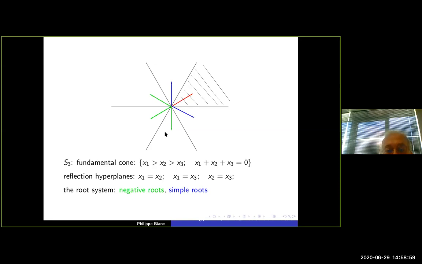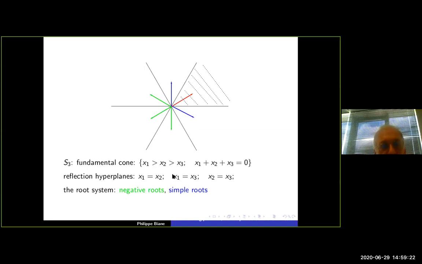You have negative roots in green, and there is one root which is positive and not a simple root, corresponding to the orthogonal of this hyperplane, and it corresponds to the reflection (1,3), the transposition (1,3), which is not a simple transposition. It's the only transposition in S3 which is not a simple transposition.